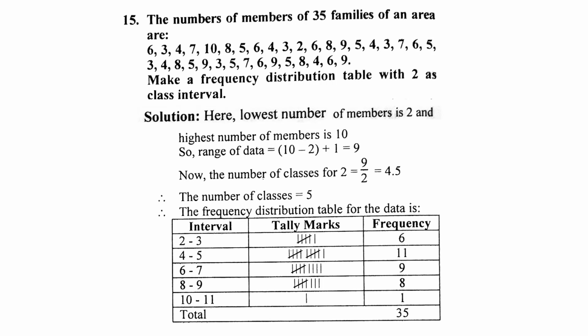Now the number of classes for class interval 2 will be 9 by 2, that is 4.5. So the number of classes is 5. And here is the frequency distribution table: class intervals 2 to 3, 4 to 5, 6 to 7, 8 to 9, and make tally marks, and after counting the tally marks write down the frequency. Then the frequency distribution table will be made.